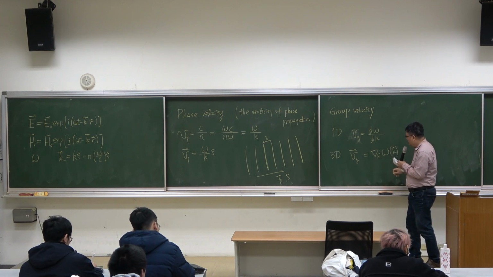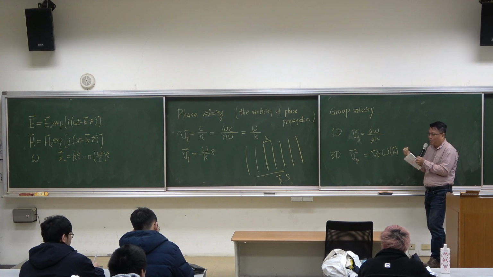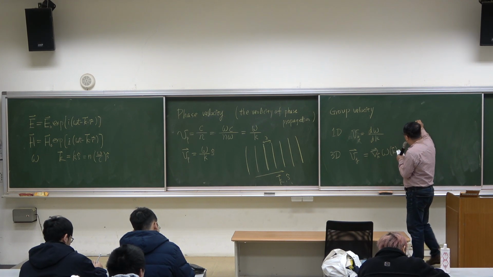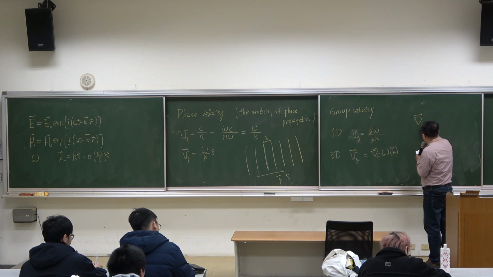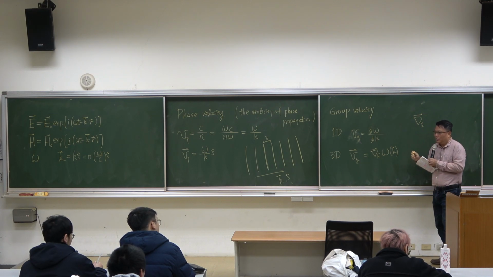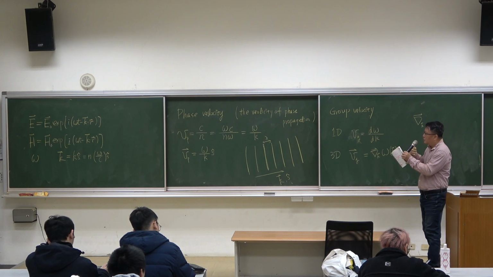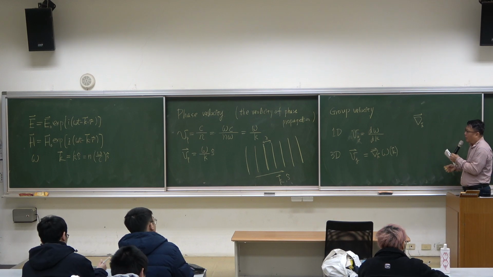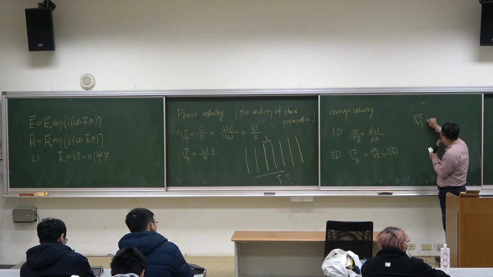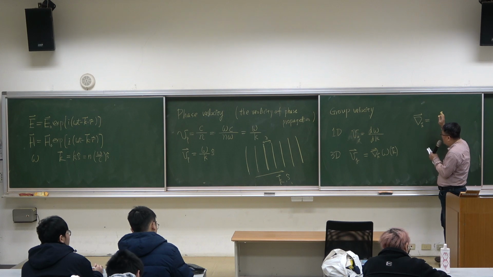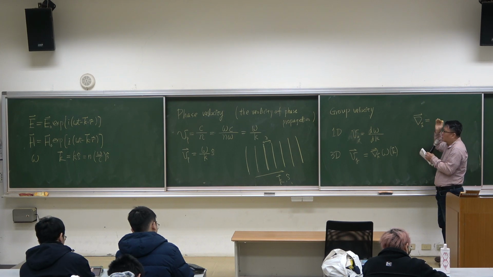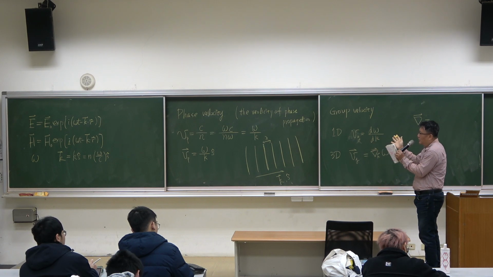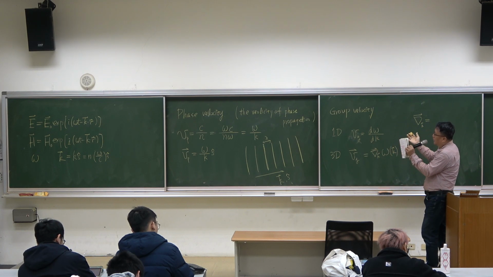Here gradient is the gradient in the k space. 小心这边所谓的这个 gradient 符号，这个 del 符号，它不是平常在位置空间中的 del 符号，它是在 k 空间中的 del 符号。The gradient operator in the so-called k space. K space means you treat the k vector as your coordinate.